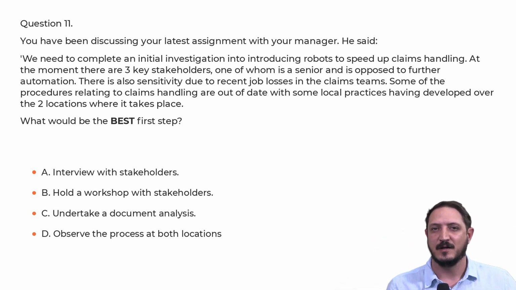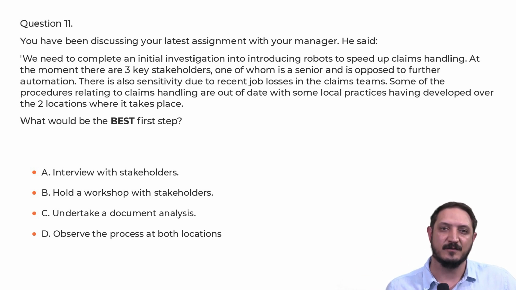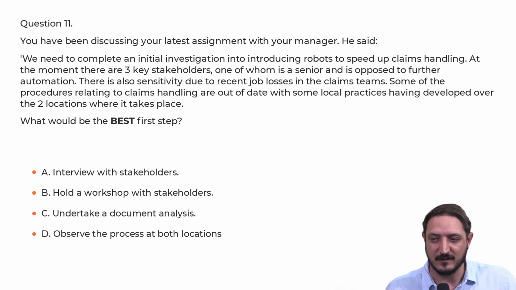That's if we needed them to collaborate or speak to them all within one interview meeting. But as you can see, the best option here is to interview the stakeholders.